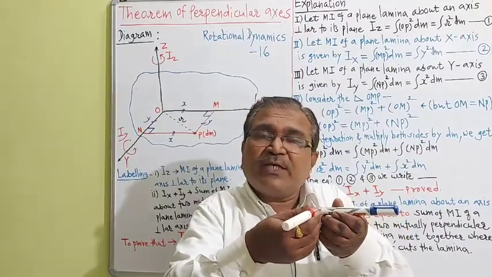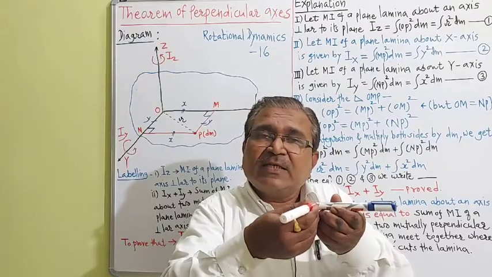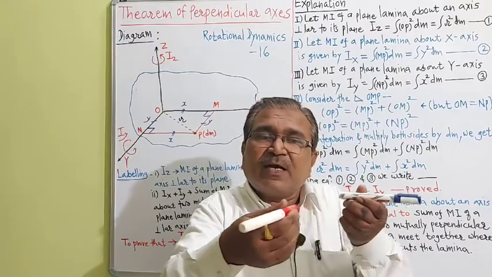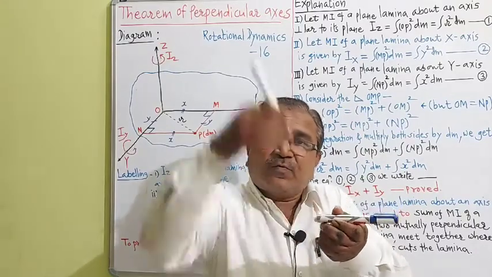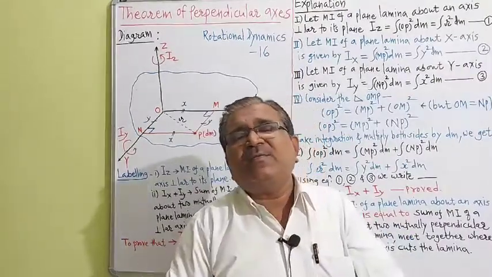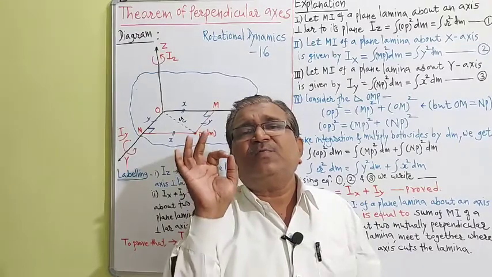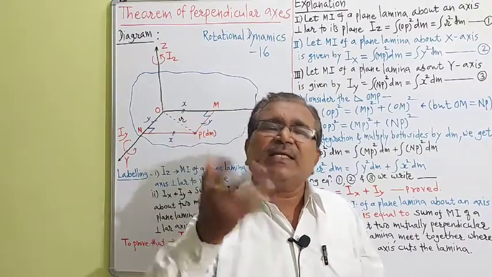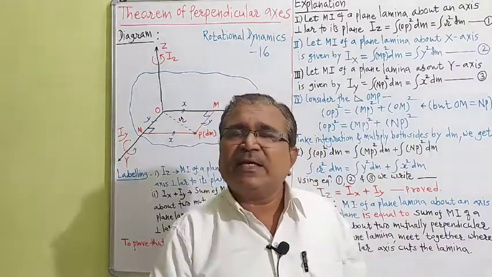About two mutually perpendicular axes in the plane lamina, meeting together where the perpendicular axis cuts the lamina. This is the statement of the theorem of perpendicular axes that I have written here.